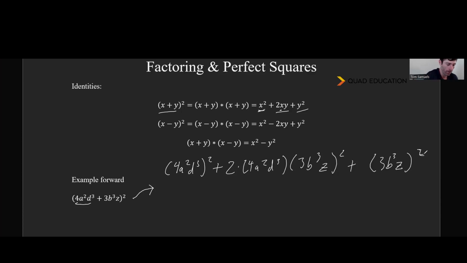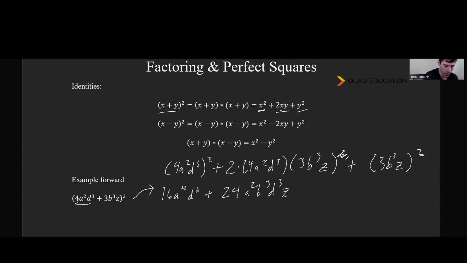If we just follow our exponent rules, squaring 4a squared d cubed gives 16a to the fourth d to the sixth. We're going to add 2 times 4 times 3. That's 12 times 2, which is 24. Then we can't really combine any of those letters, so just write them all out in alphabetical order: a squared, b cubed, d cubed, z.